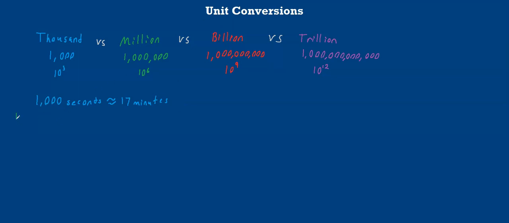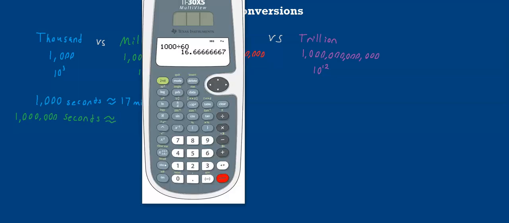How long would it take me to count to 1 million seconds if it only takes me 17 minutes to count to 1,000 seconds? So if we pull out our handy dandy calculator, we can take 1 million, so that's a 1 and 6 zeros, and we divide that by 60 because there are 60 seconds in a minute. We get almost 17,000 minutes.